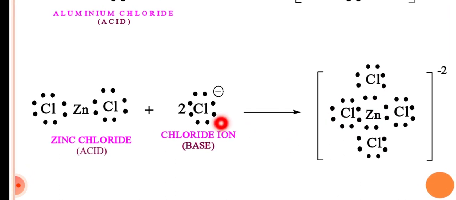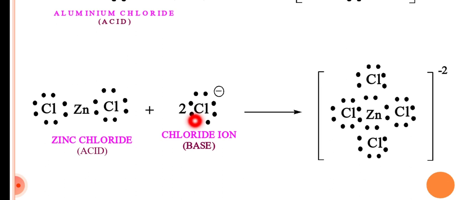So by accepting a pair of electrons from 2 chloride anions, the octet of zinc gets completed. So dear students, here zinc chloride acts as an acid while the chloride anion acts as a base.